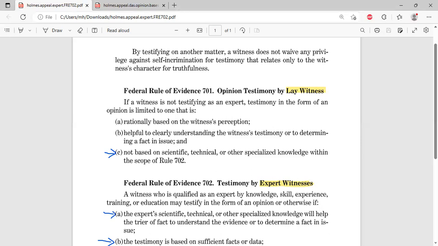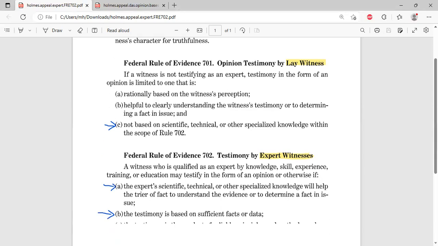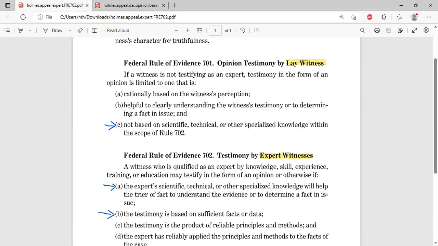And because Elizabeth Holmes wasn't able to sufficiently challenge or look at the data that was the basis of this opinion, those quality control and validation reports from records from 2014 to 2015, her conviction should be thrown out.